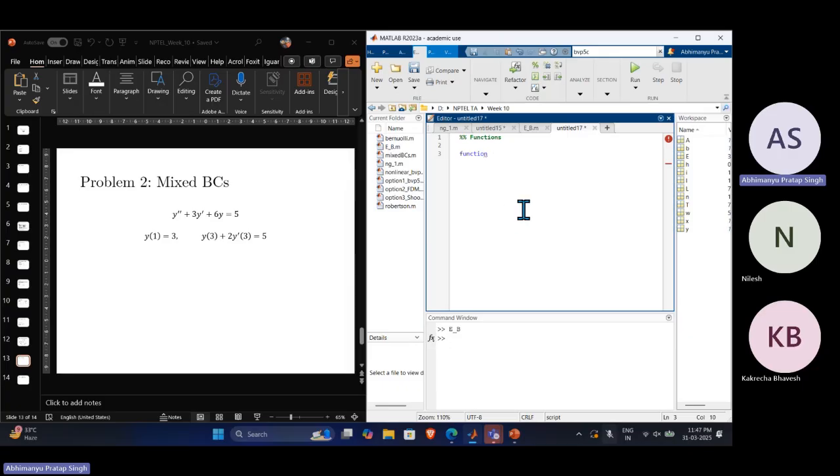First we will use the bvp5c. For that we need two functions and one bvpinit function. First I will create the functions.